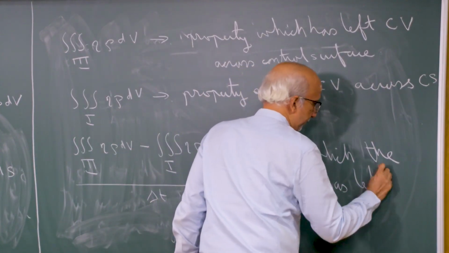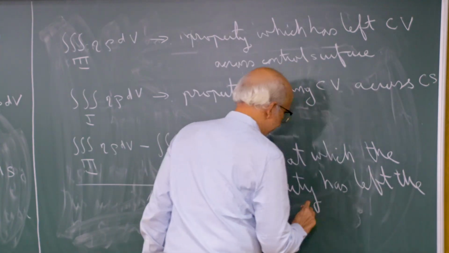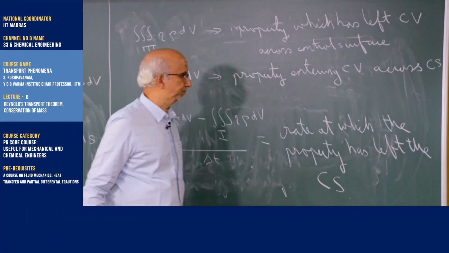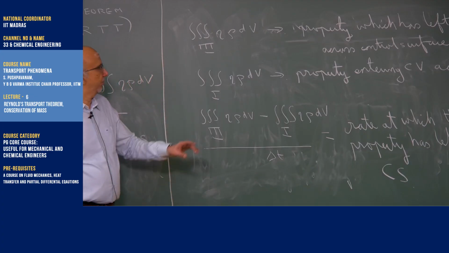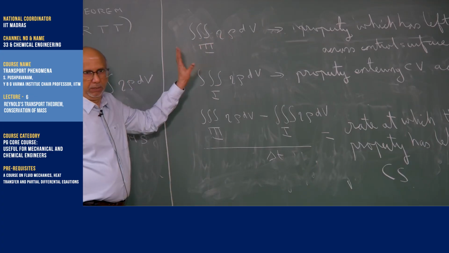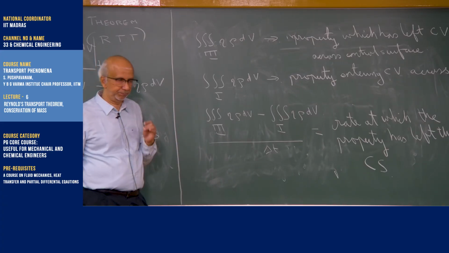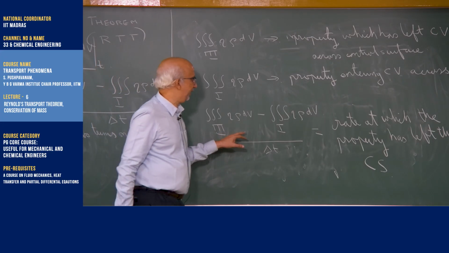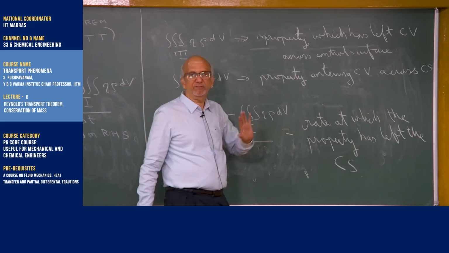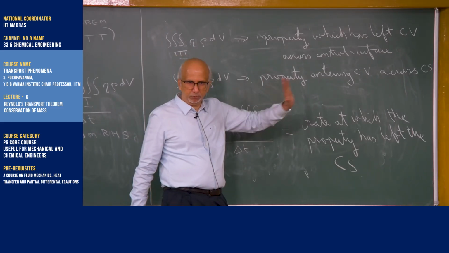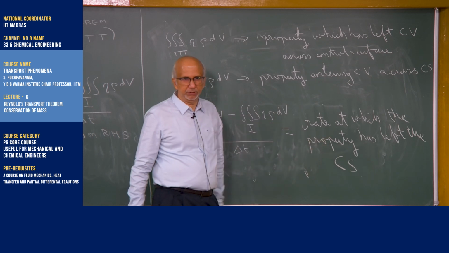This is just the property leaving divided by delta t, the rate at which it is going out. So, this is the rate of efflux, rate of outflux, rate of outflow of the property from the control surface.